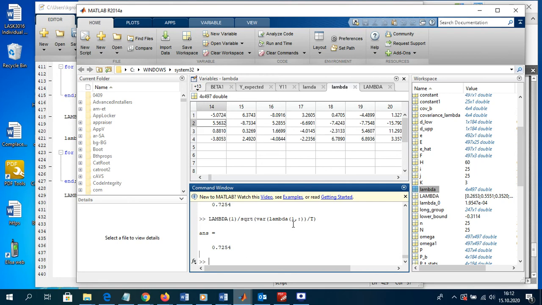Otherwise, if this 0.26 would be significant, this t statistic should be much larger than 1.96, right? So there's no average mispricing going on.